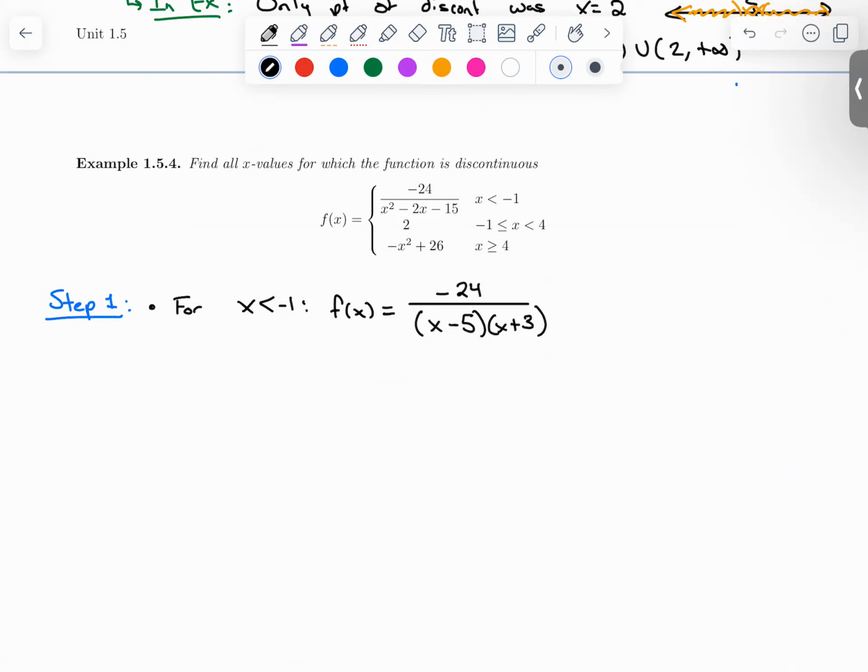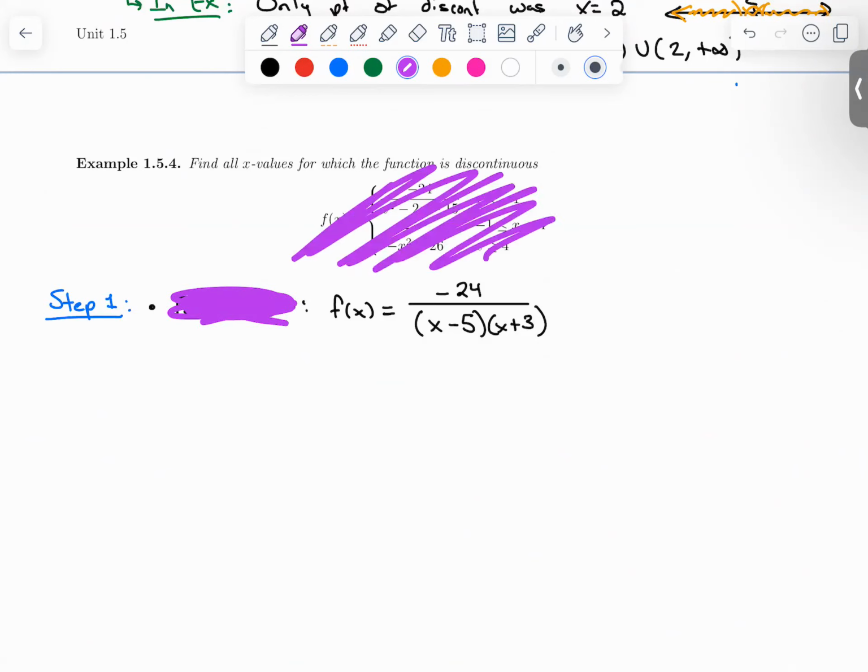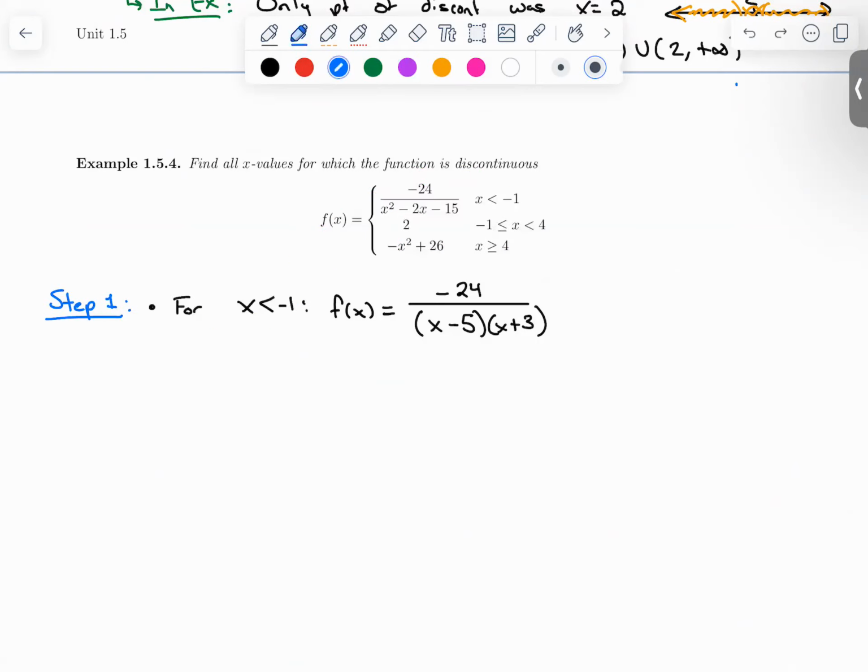So for x strictly less than -1, our function looks like that. Now if you ignore the condition and look at that function by itself, it is discontinuous at x equals 5 and -3, found by setting the denominator equal to 0. However, one of those can immediately be gotten rid of.